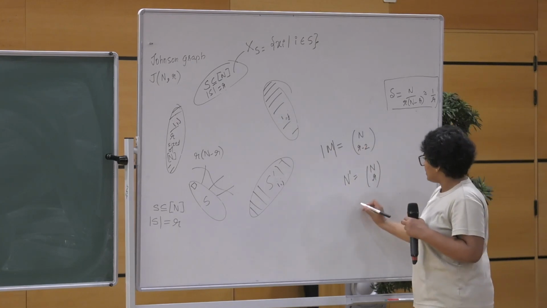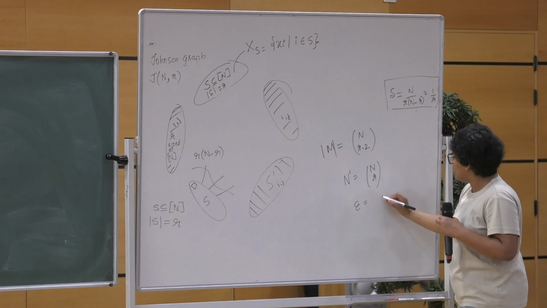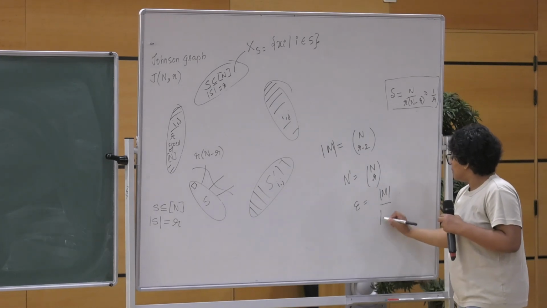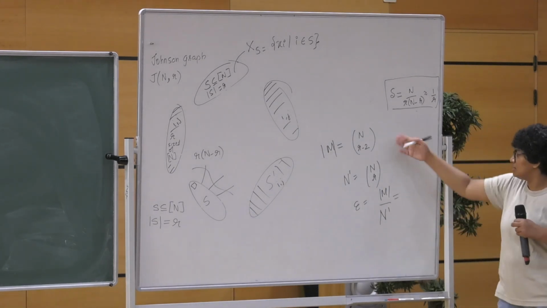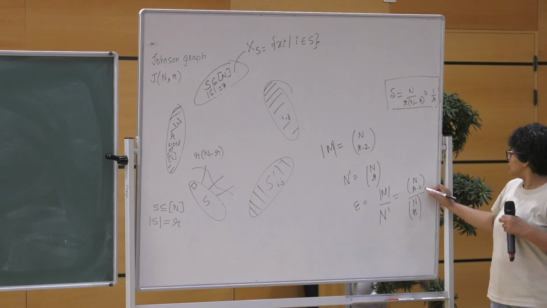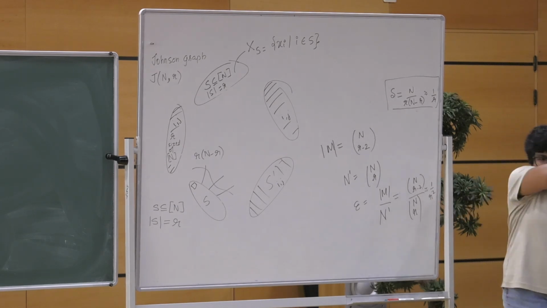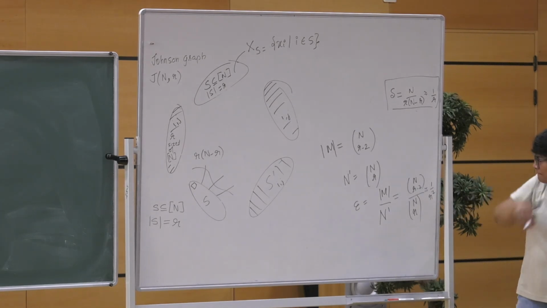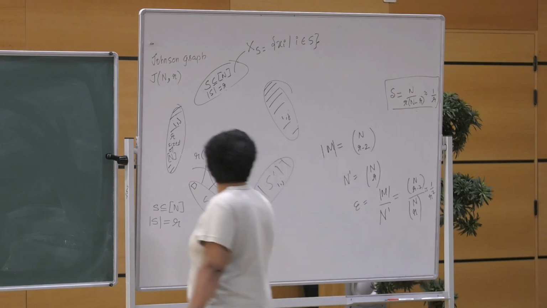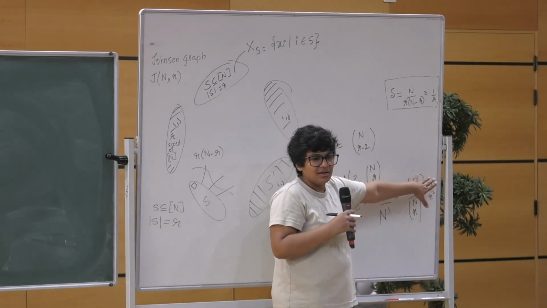So the epsilon that we were using for that particular graph search before will be around n choose r minus 2 divided by n choose r. If you just open up the calculation, you will get that it is approximately 1 by r squared.